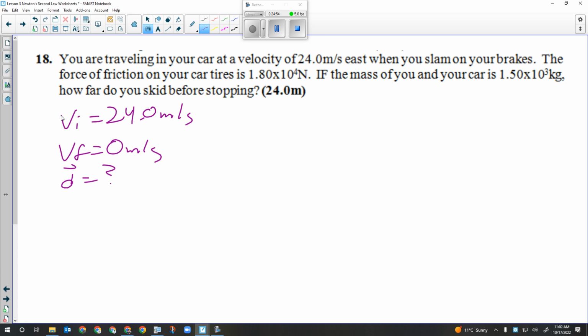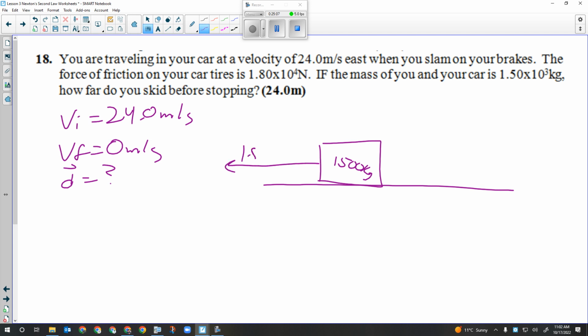And we also know that when we slam on the brakes, a 1,500 kilogram car is slowed by 18,000 newtons worth of friction. Once you slam on the brakes, is your engine pulling you forward anymore? Once the wheels lock up, which is what's going on here, or even if they don't lock and you've got the brakes on, the engine is no longer providing a forward force on the car. So what's my net force?